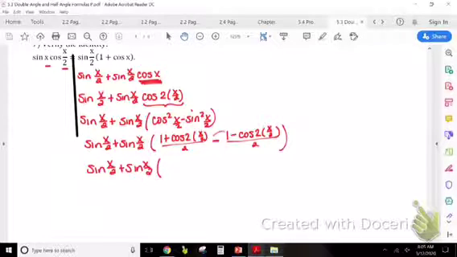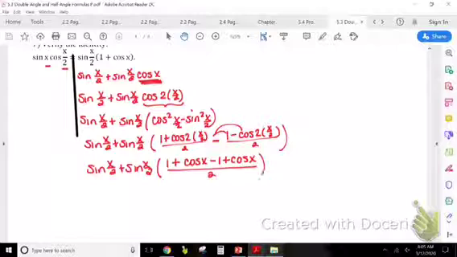So they got a common denominator, so I'm going to distribute. And this time I put x because it's 2 times x over 2, which means it's really just x, isn't it?